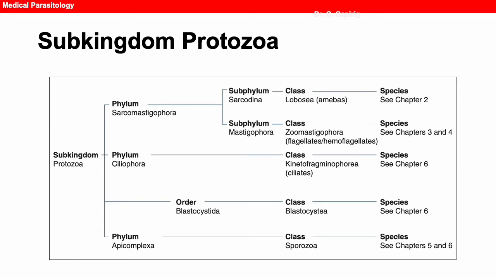For phylum Ciliophora, it is further classified into class Kinetofragminophorea, which are the ciliates. And the only medically important ciliate known to man is Balantidium coli. Now, phylum Apicomplexa is further classified into class Sporozoa, which includes your Cryptosporidium species and your Plasmodium species.